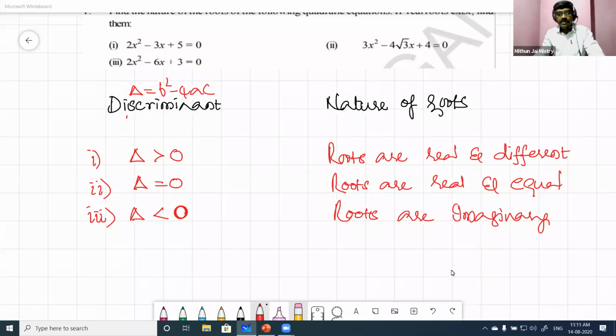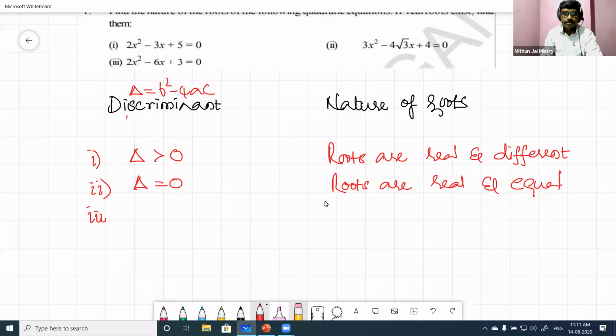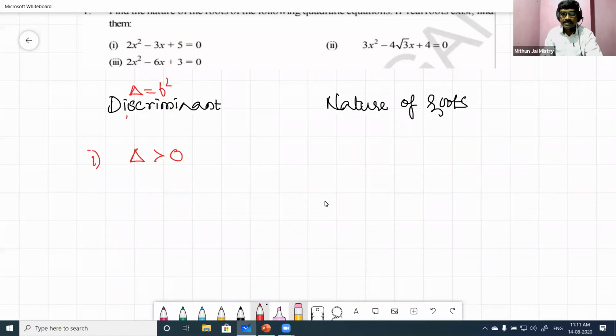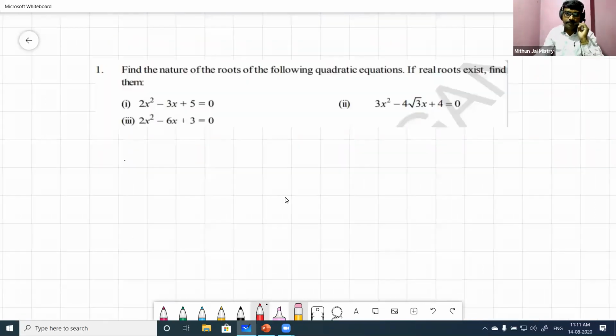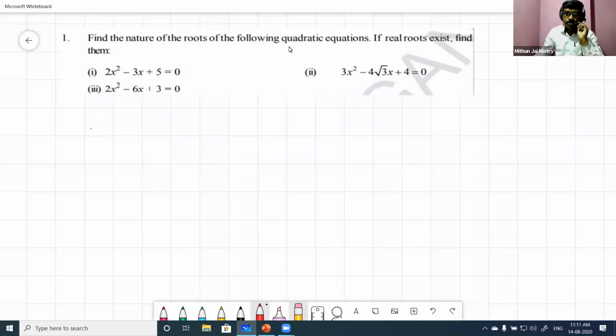So now let us solve and try to find the nature of the roots in the first bit of questions here. Exercise 5.4. Now we are in the last exercise, 5.4. Read the question: find the nature of the roots of the following quadratic equation, and if real roots exist, find them.